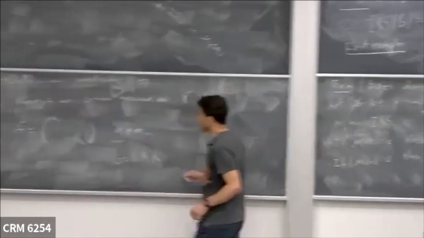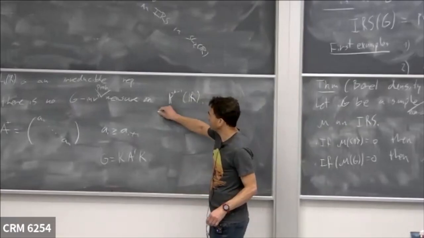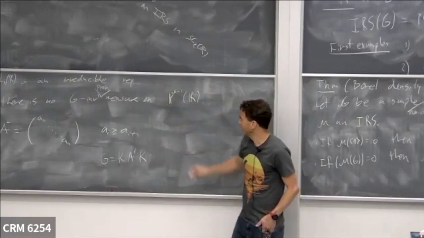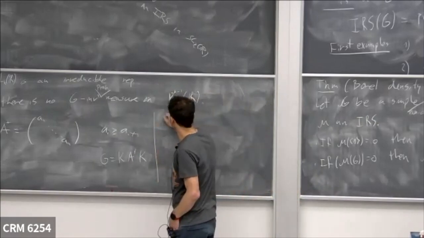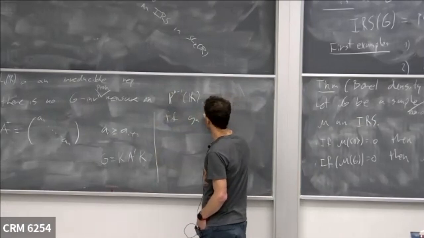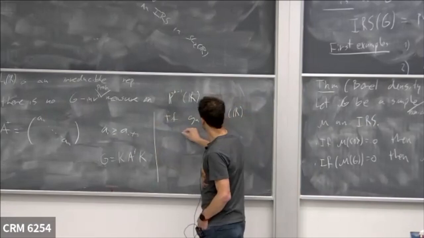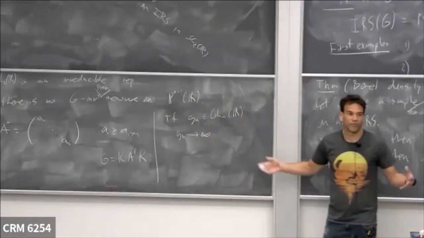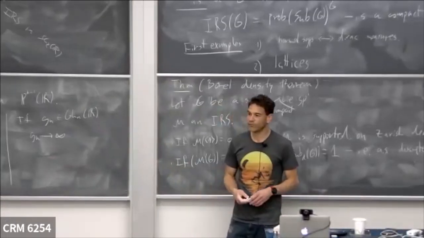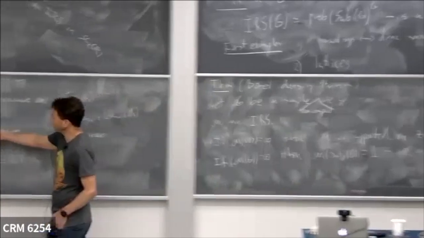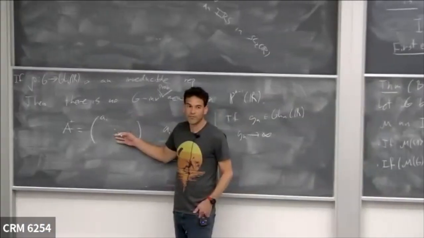So now from the KAK decomposition, you can deduce that if g_n are elements in GL_n(R) that go to infinity, basically the matrix norm goes to infinity, it means the only way to go to infinity is in the A part, because K is compact.